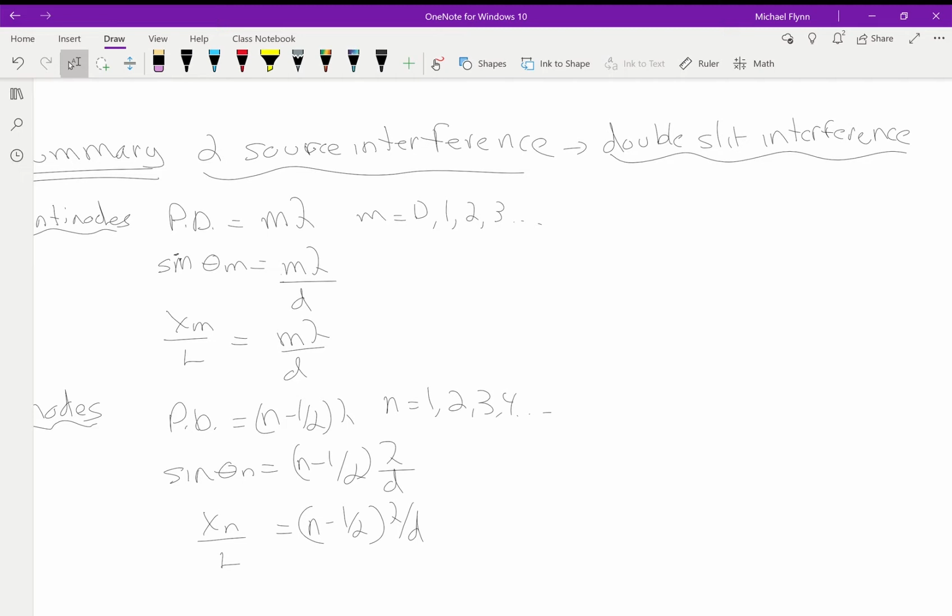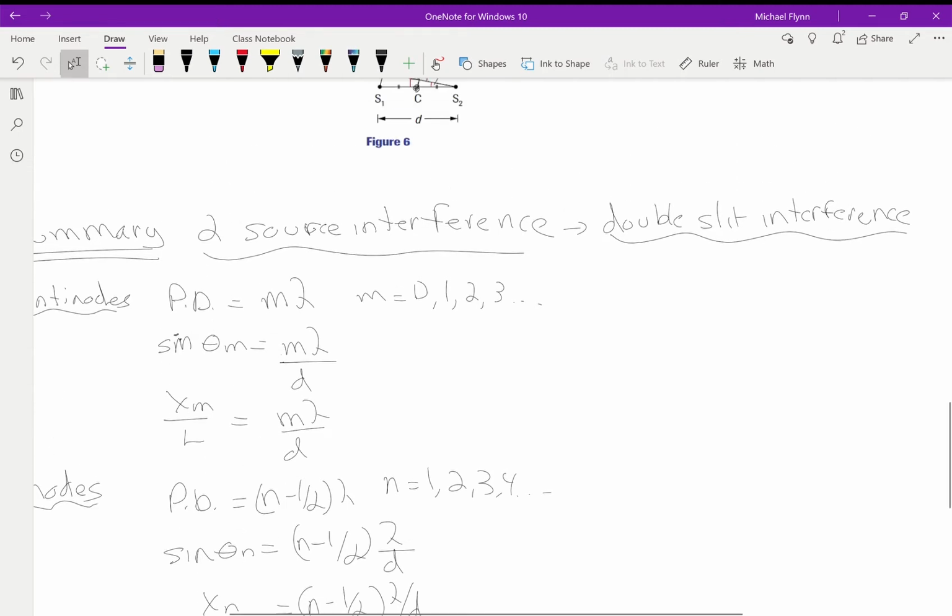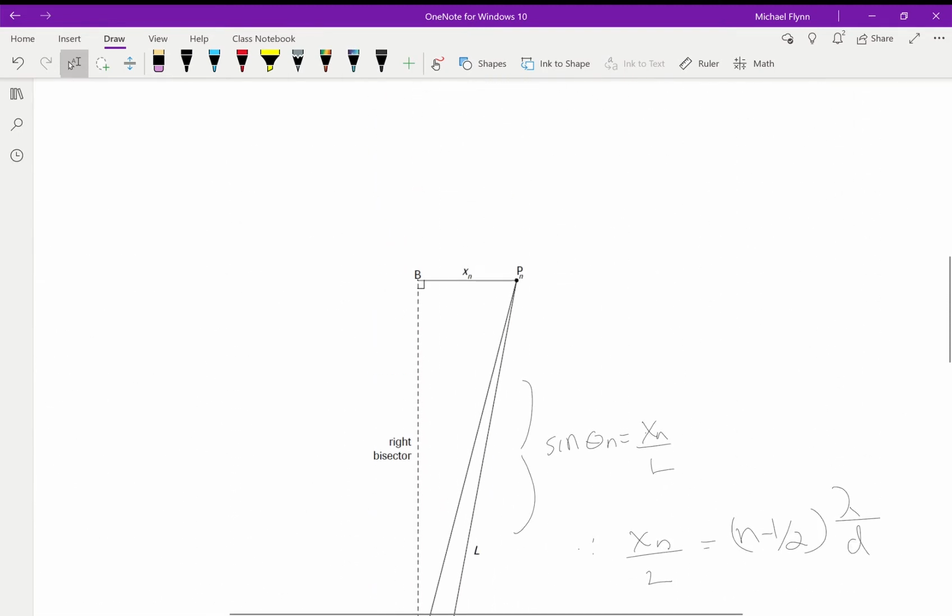Now there is one more equation that goes with this that I want to explain. Let's say I had another nodal line here, Pn plus 1, and the distance here I'm going to call delta x. That's the spacing of the nodes.